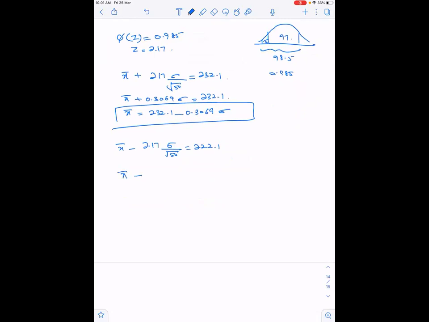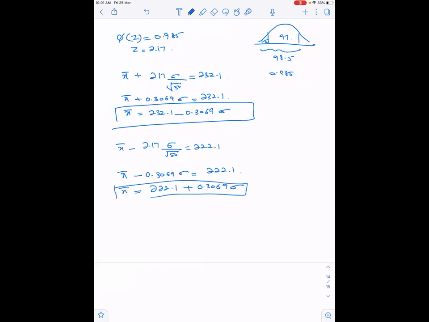Square root of 50 is 0.306. Minus 0.3069 sigma equals 222.1. So mean becomes 222.1 plus 0.3069 sigma.